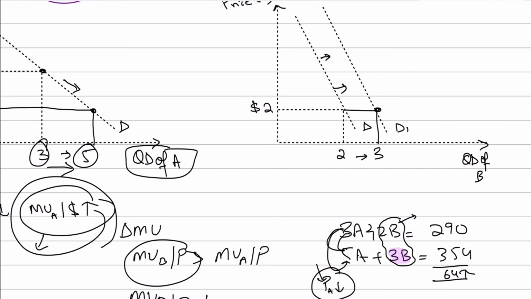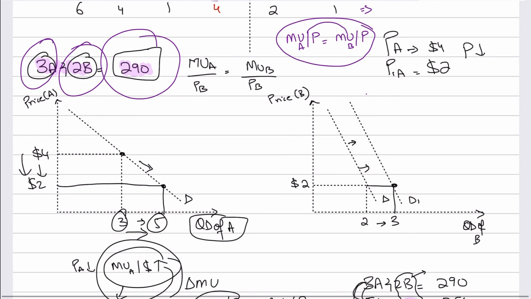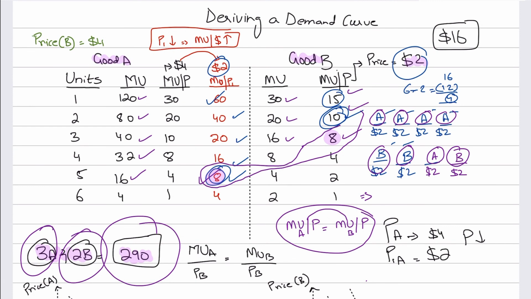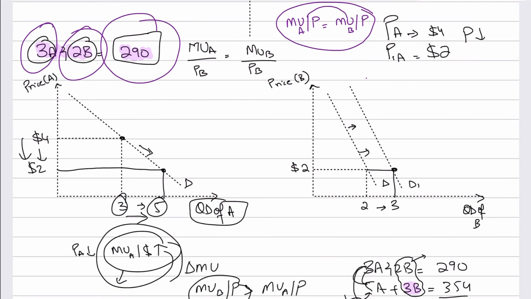But since the price of A had gone down, that would be represented through an extension. However, since the price of good B did not change, we will represent that through a shift in the demand curve, right? So remember guys, this is it. This is what I wanted you to explain, and you guys should know that this is how you are going to draw the demand curve as far as the 2 commodity version is concerned, and then you will show that a fall in price results into a rise in quantity demanded for a product, and then that causes a shift in the demand for the other product, because the real incomes have increased.